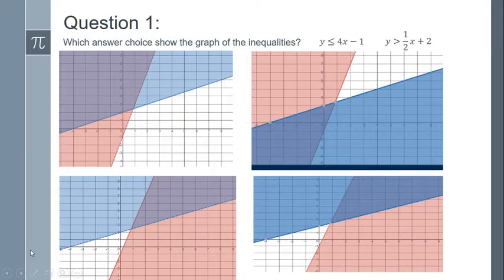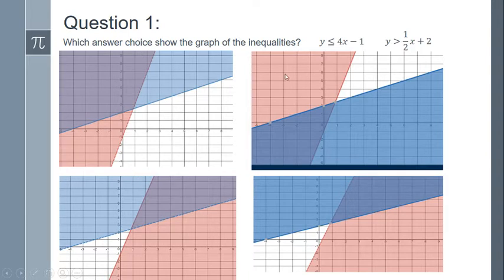So the first question asks, which answer choice shows the graph of the inequalities? All right, so we can graph inequalities very similarly to the way we graph lines, with two exceptions. One, we have to decide what type of line style we should have, solid or dashed, and two, where the shading should be, either above or below.